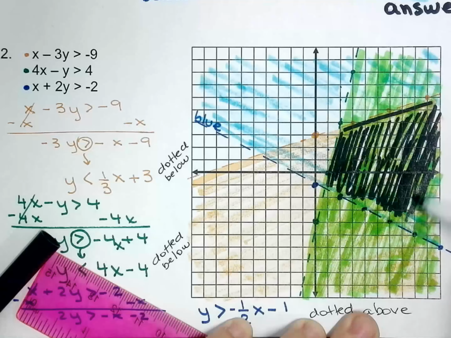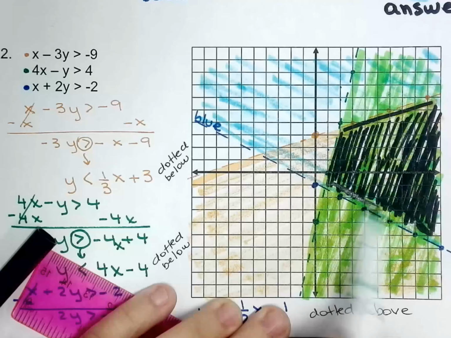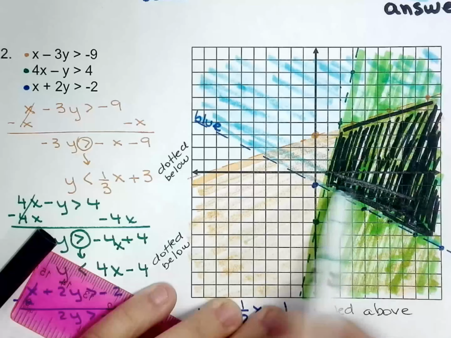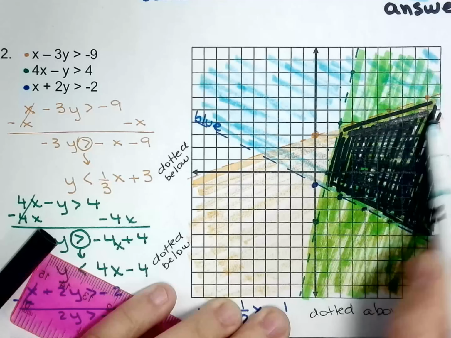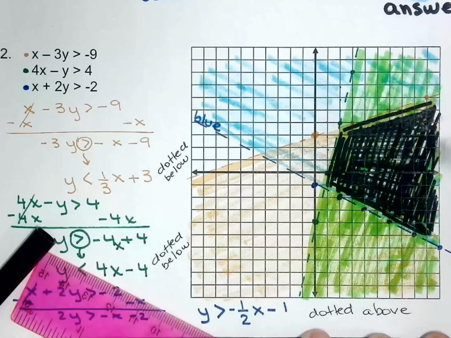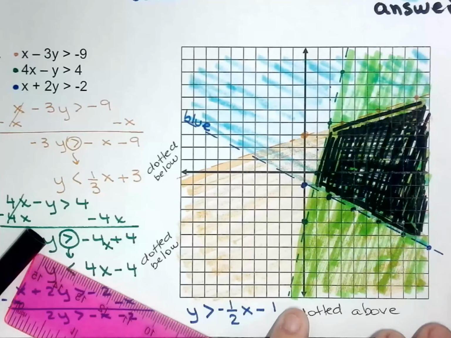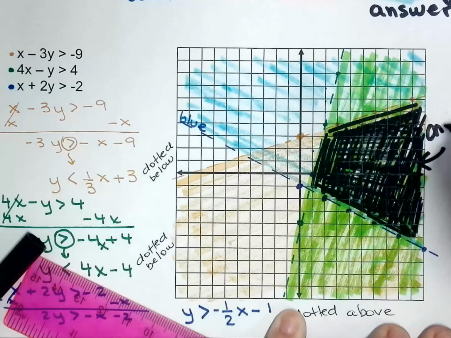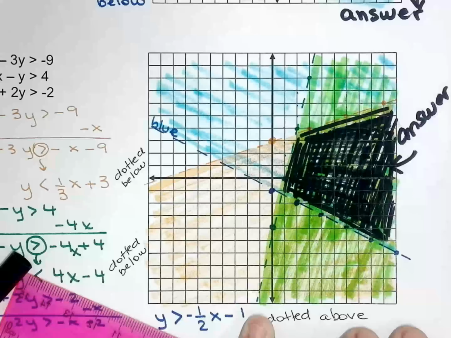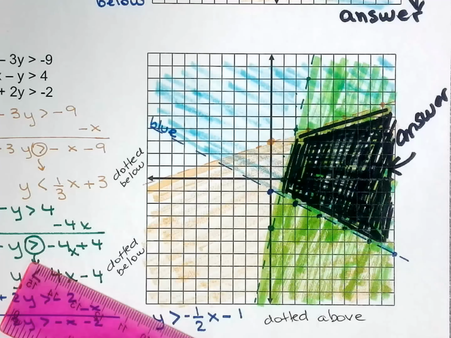But here, that way it's obvious to you that this is the region where all three of them overlap. Therefore, this is your area where all the points would be part of the answer. I'll see you next time.